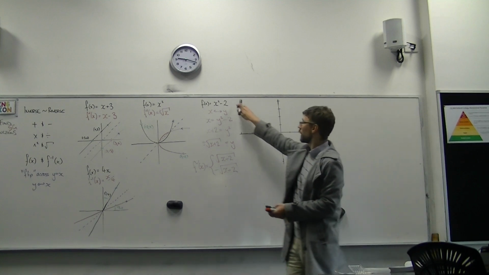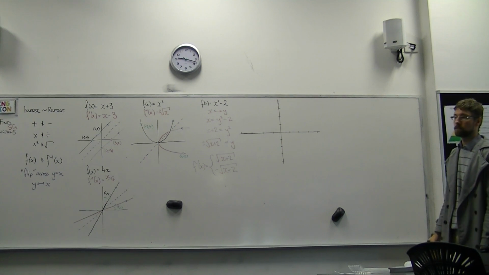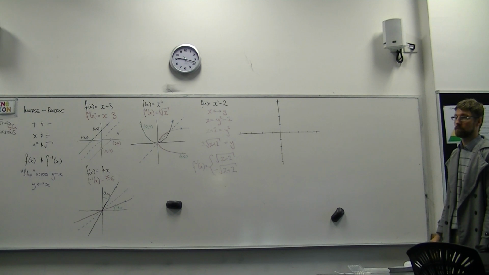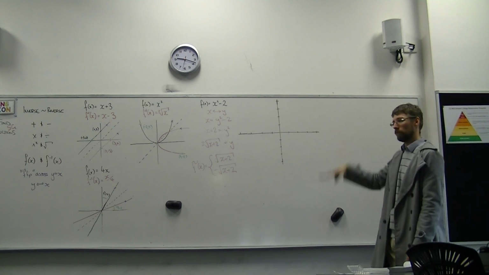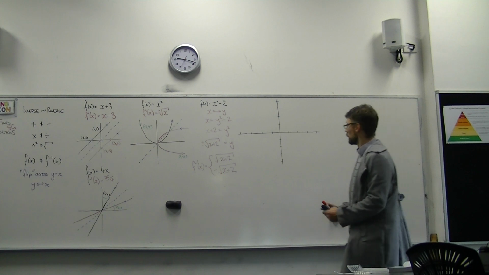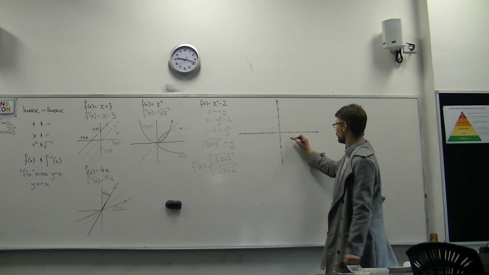Okay, x squared minus 2, what does that look like? Y is negative 2. It's a slightly lower parabola. x squared, that's a parabola, minus 2 shifts it down by 2. So we're going to go through there. If we put in 1, we're going to get there.